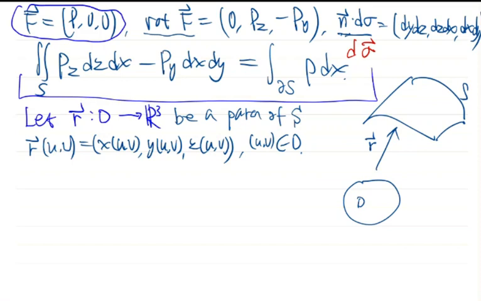We take a parametrization of the boundary of D. So this is the boundary of D. This is R, an interval [A,B]. The parametrization of the boundary of D is this map phi.